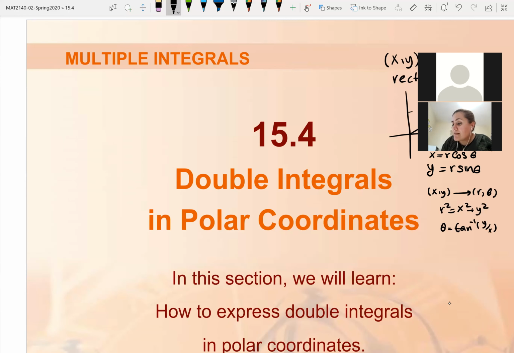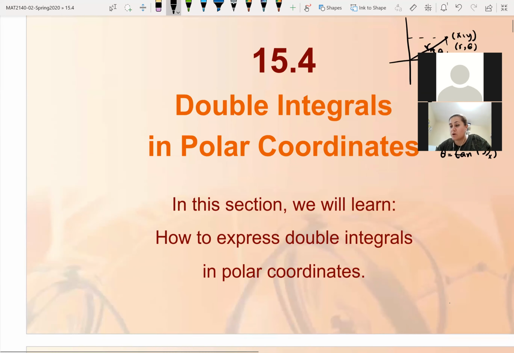That's how much I need from your previous course. So polar transfers to rectangular, rectangular transfers to polar, and the radius is always the distance from the origin, and the angle is measured from the positive side of your unit circle. This is what we call polar.